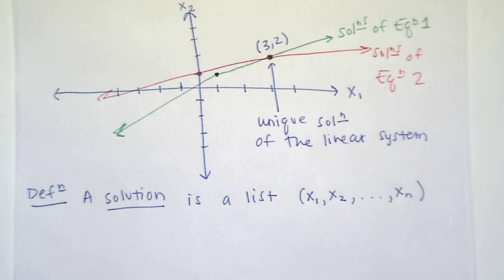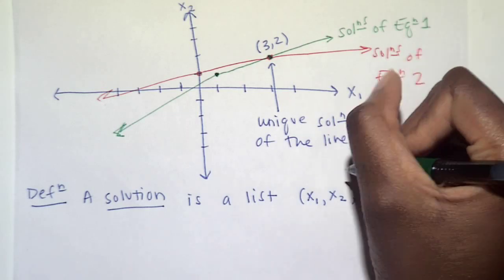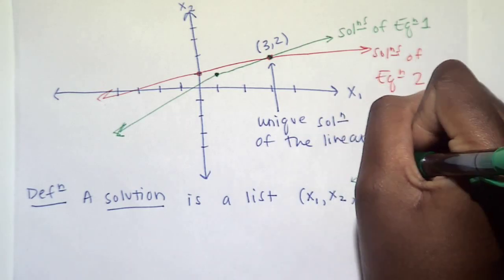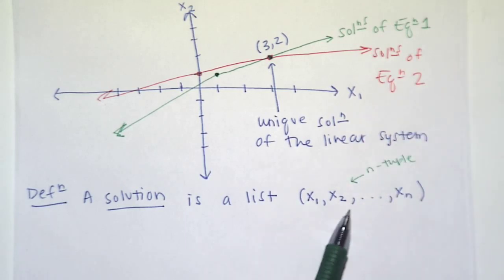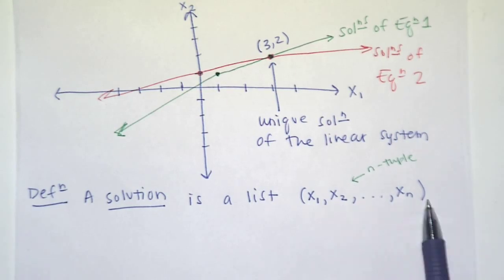So these are the variables of our linear system. Okay, and so you may see a list like this called an n tuple. Right? It's just a list of n things. If there were 5 things, we could call it a 5 tuple instead of just an ordered pair with only 2 things. Okay, so this is why it's a list. So a solution is a list like this of numbers.